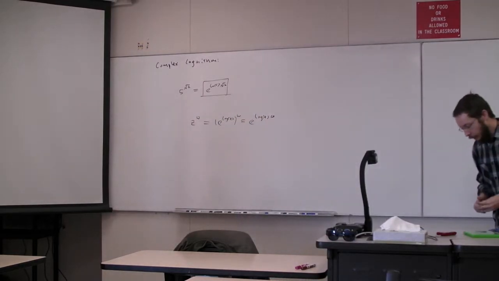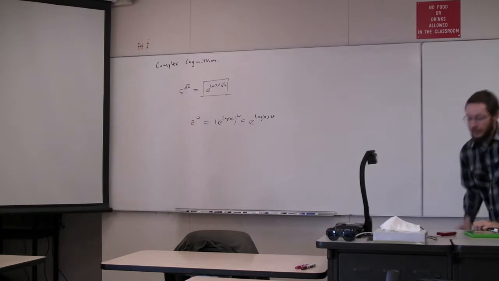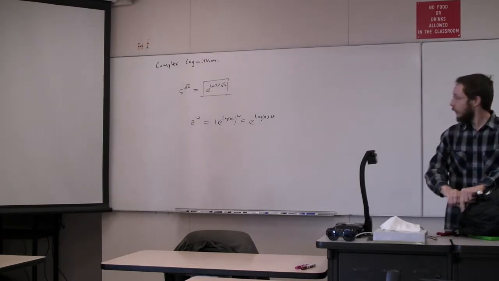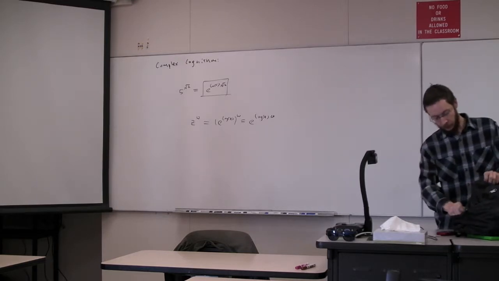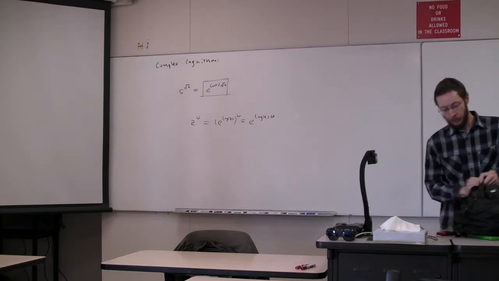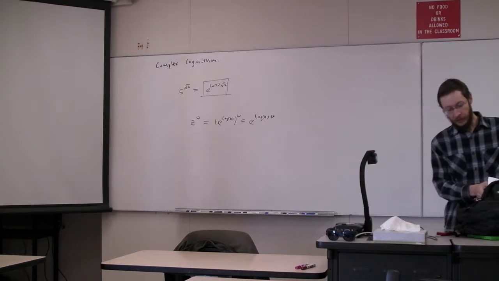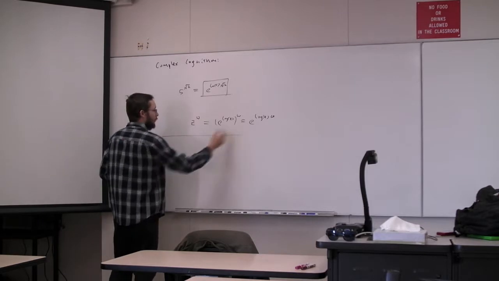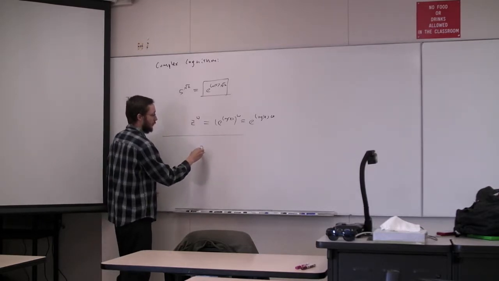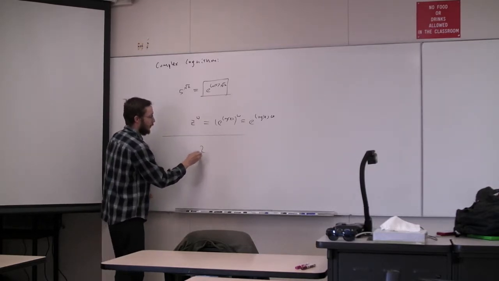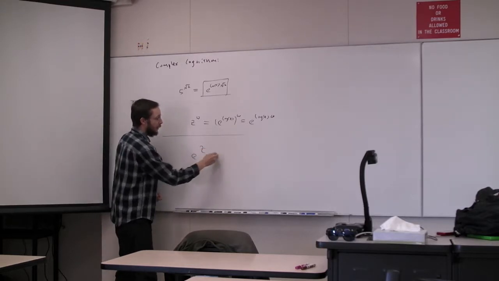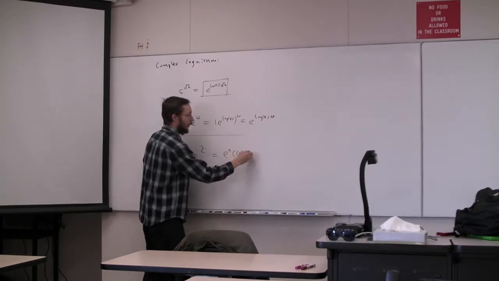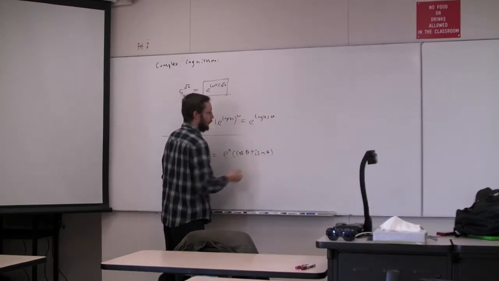Okay. And so where we left off last week is we had talked about a special form for complex numbers. Specifically, we discussed the fact that e to the z can be thought of as e to the x times cosine theta plus i sine theta.